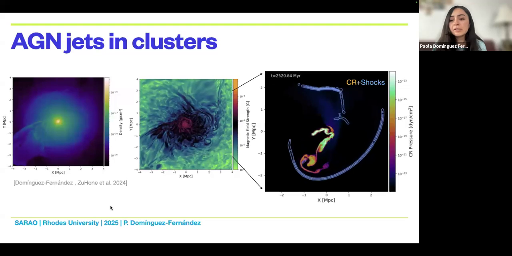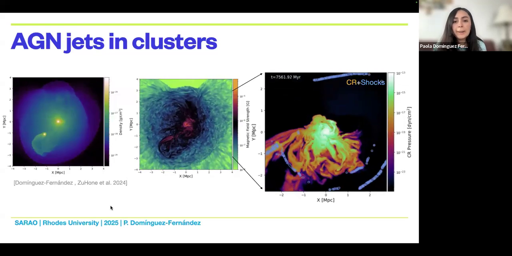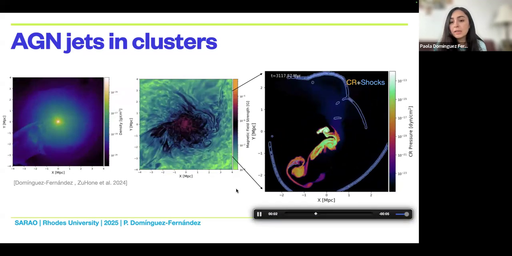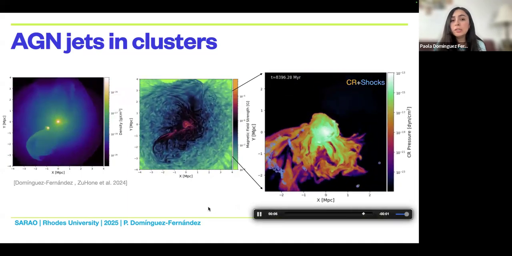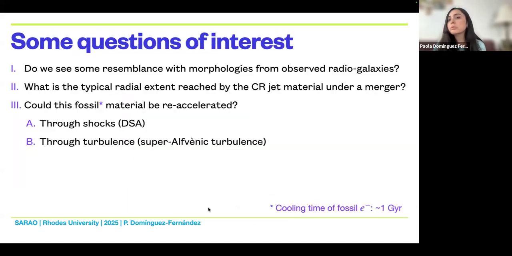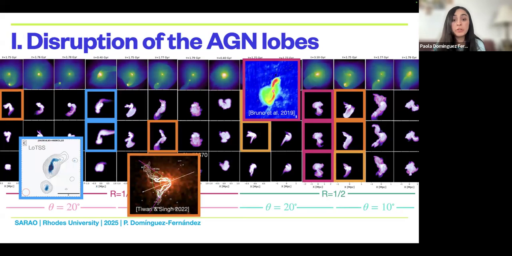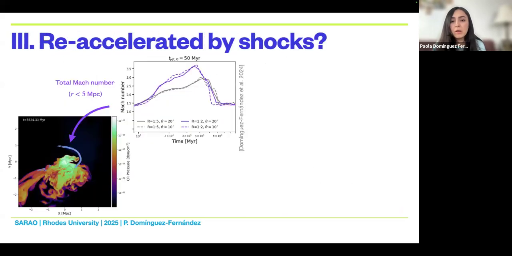Right. Yeah, so that's a good question, right? My answer to that, and I think in cool core clusters where you have the AGN at the center, you mostly don't see radio relics, right? You would see radio relics when you observe merging galaxy clusters mainly. So this is the part that I was trying to explain here.